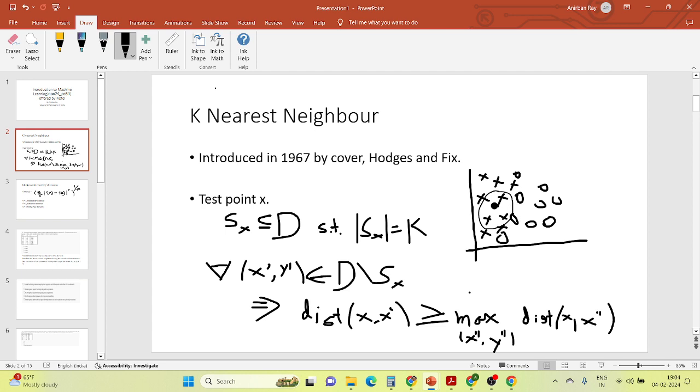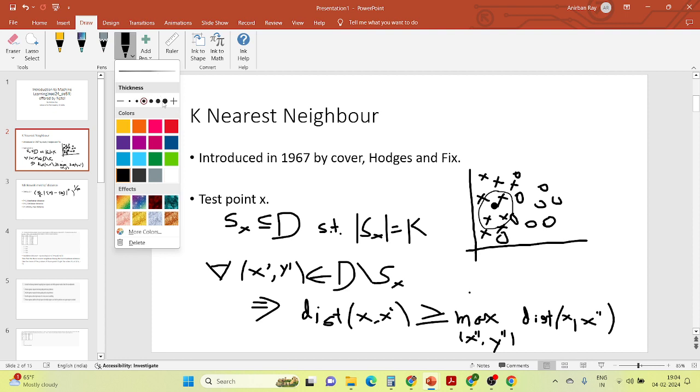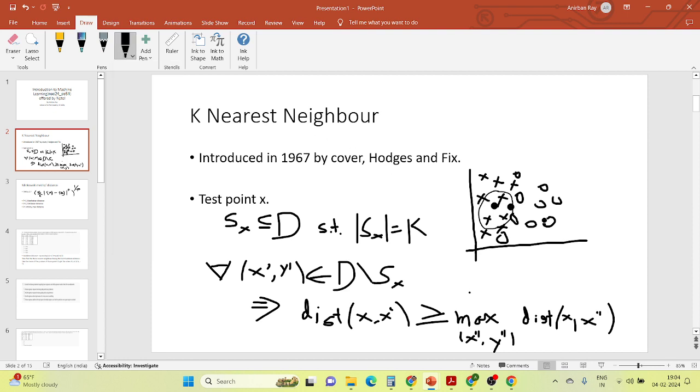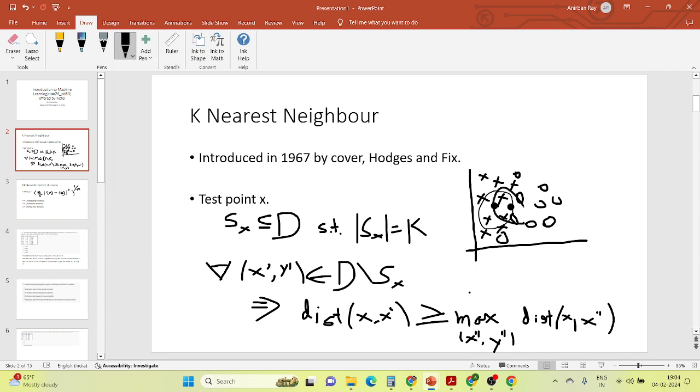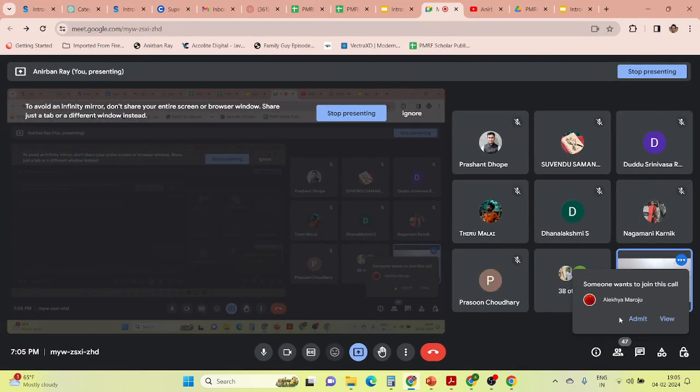Suppose our point is now here. The nearest may be this one. So cross, cross, zero. So 2 and 1, so most probably it is a cross.